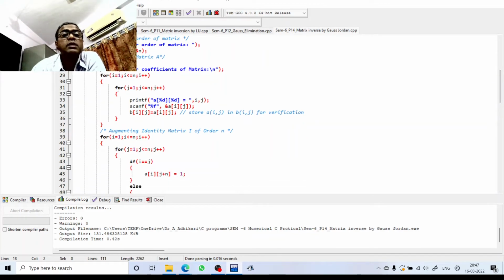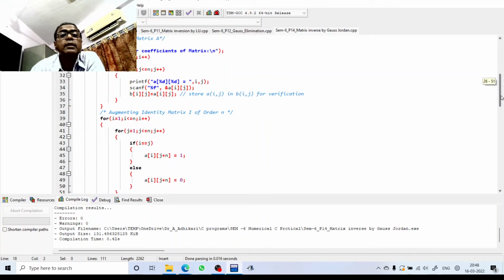The inner loop is j equal to 1 to n. Then we store Bij equal to Aij, because in the last step we verify that the inverse and the original matrix multiplication A inverse equal to I. For that we store the original matrix A in another matrix B.